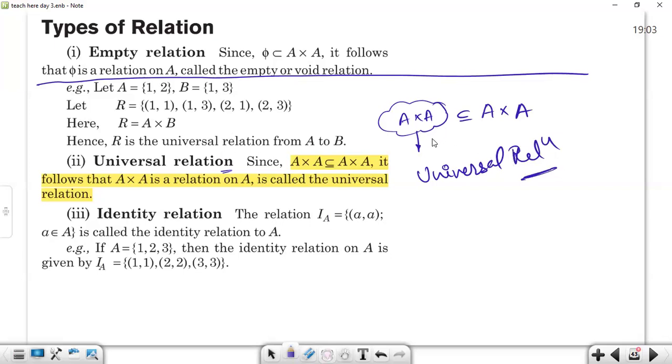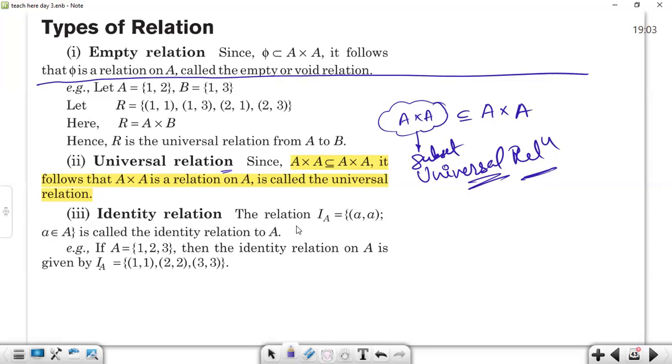It's not just a subset. Yes, it is a subset, but it is also equal to the other set. So that's why it is known as a universal relation. Yes, sir.